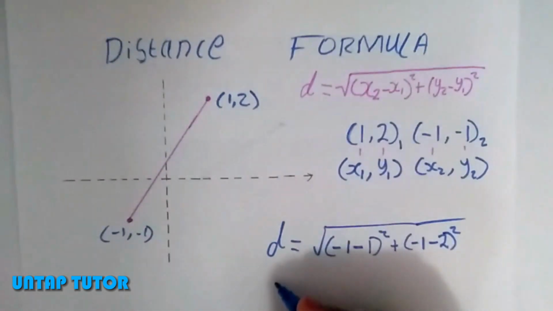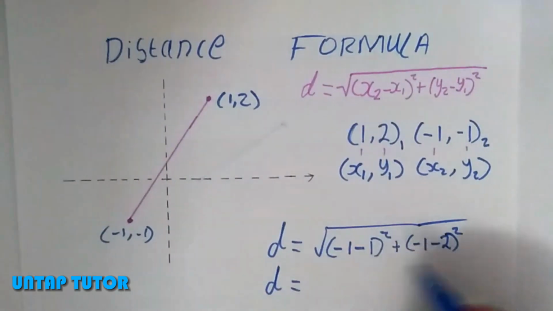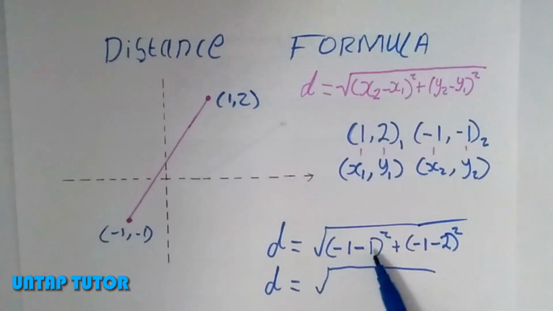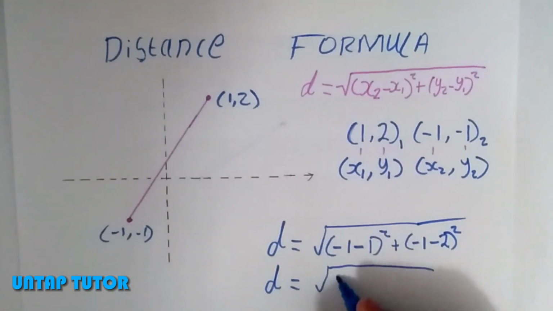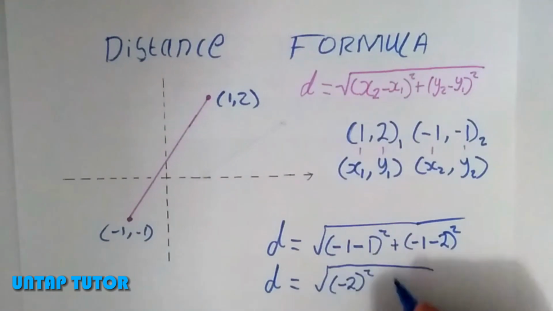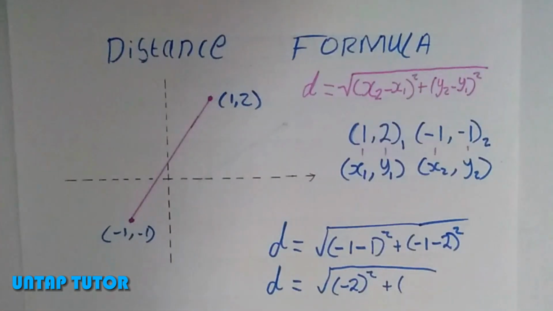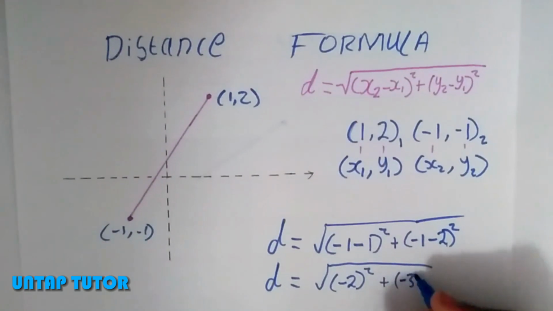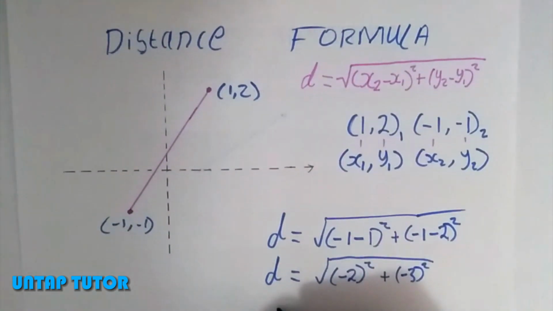But this is going to be d is equal to the square root of (-1 minus 1) squared, which is -2 squared, plus (-1 minus 2) squared, which is -3 squared.